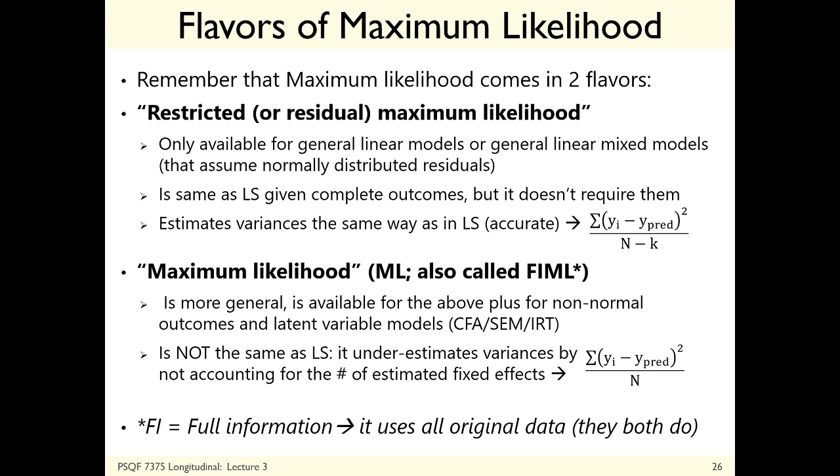But the term full information means that what goes into the likelihood function is the original data. Each person gets a value that summarizes their set of observations. And the formula that provides that value is essentially the multivariate normal distribution formula. You plug in the data given the parameters and out comes a number. So the idea of full information is that each person's likelihood number, it's a shape.